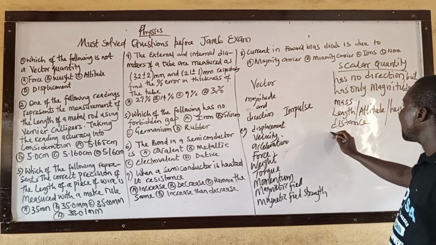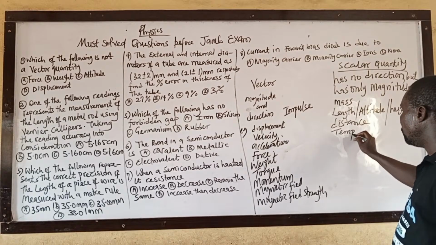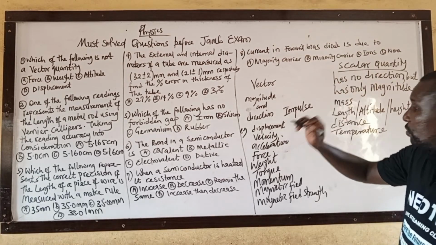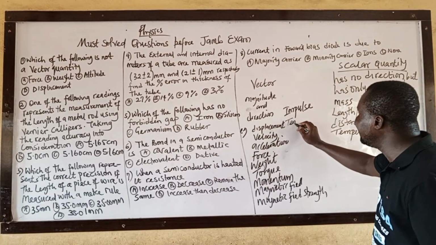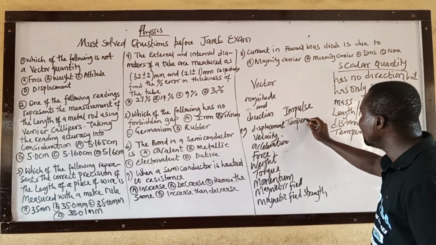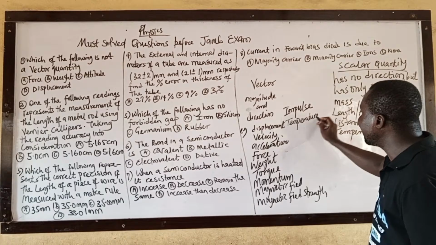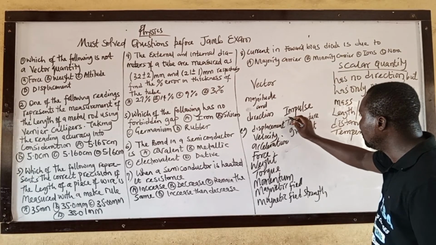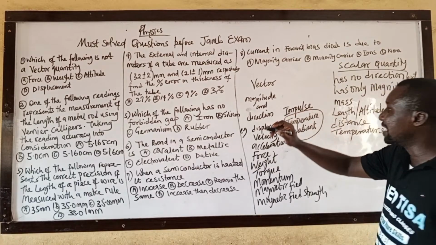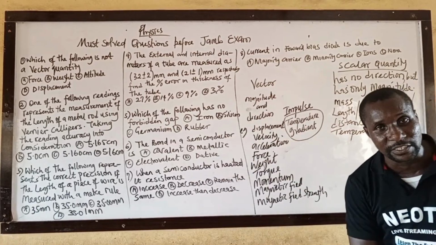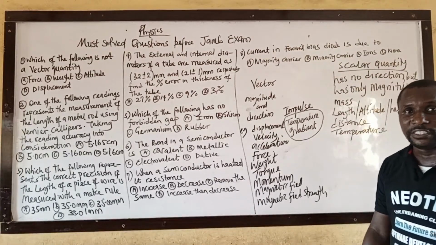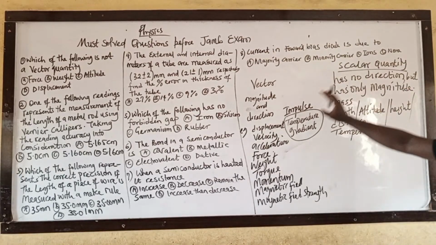We have temperature. But take note, temperature gradient is a vector quantity, but temperature is a scalar quantity.